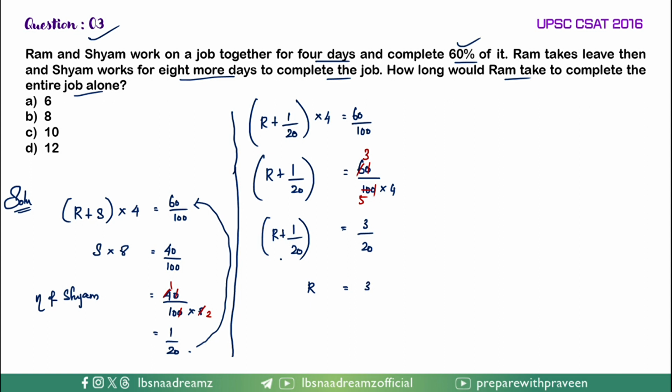Yes, this will go here, and it will become 1 by 10. So efficiency of Ram is 1 by 10. So he can complete the entire job in 10 days. So option C, yes, option C is the right answer. Got it?